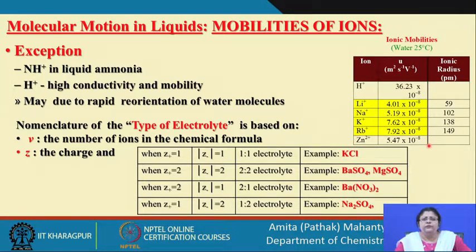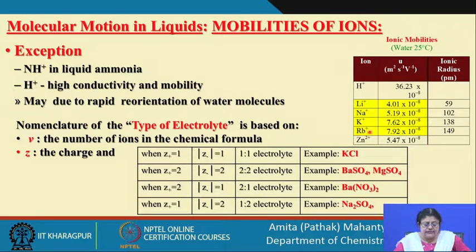So, a 1,1 electrolyte is one where Z plus and Z minus are both equal to 1, like KCl. When we have a 2,2 electrolyte, the generated cation and anion both have a value of 2, like magnesium sulphate or barium sulphate.